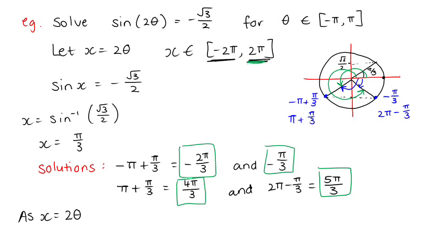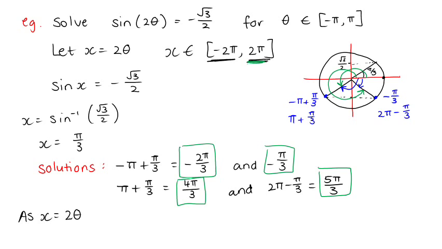Right, so there's only one more step, and it's super easy. Because these are all our values for 2 theta, not x, we need to divide by 2. Because before we times everything by 2, so now we need to divide.